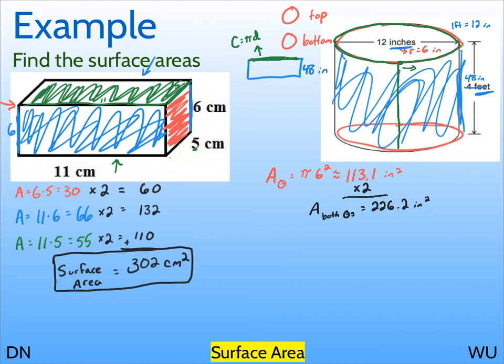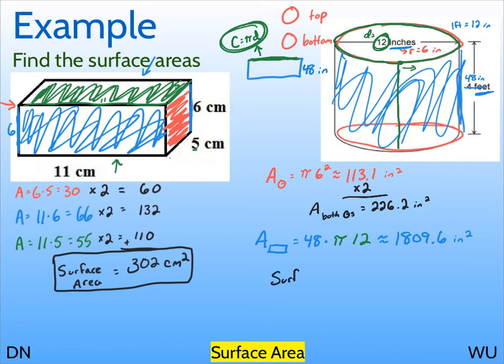So here, the area of that rectangle that stretches across the middle is going to be 48 inches times, and now we have to do the circumference of the circle at the top, which is pi times the diameter of the circle, which is 12. And with that, we turn to our trusty calculator again, and we get 1,809.6 square inches.